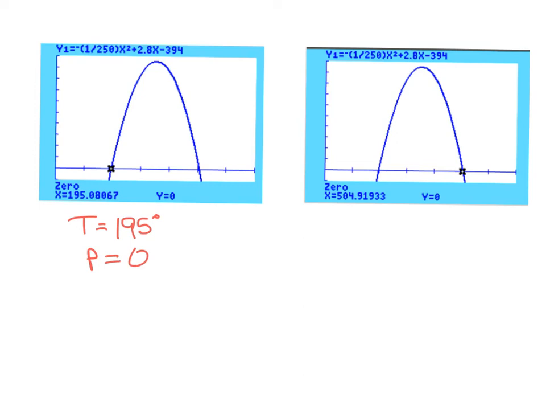And then I came over to the second zero, the second place where my graph crossed the x-axis, and I saw that the second place that happened was going to be at a temperature of 504.9, so I rounded that to 505 degrees, and I said that again the percentage that's going to pop at that point is also going to be 0. Now you'll notice that on my calculator I actually went back and switched my window a little bit. I made the y minimum be -10 so that I would be able to see values below the x-axis when I was doing that second calculate zeros.